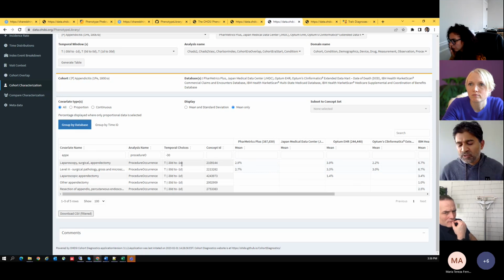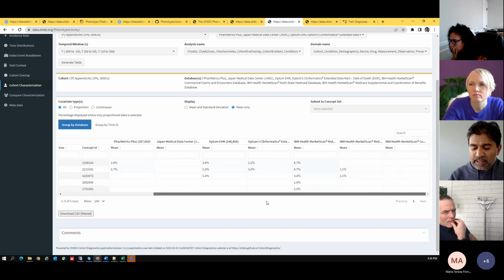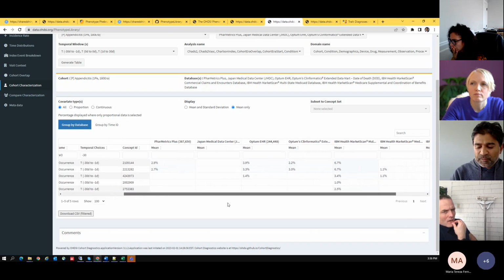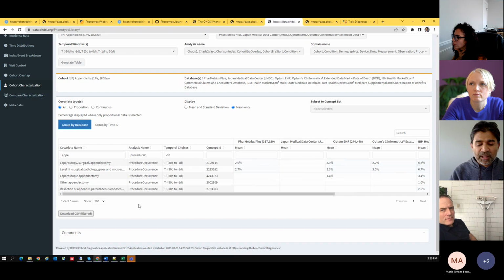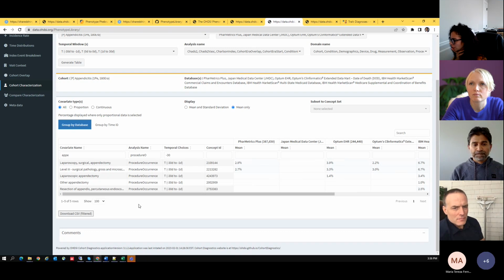I would assume that most of these are going to be -1 or -2 days. It's not going to be -30, but that's just the default window. So based on that assumption, I would say about 3 to 5 to 6% of the people have an index date misclassification. Basically, they had the procedure before they had the code of the diagnosis.